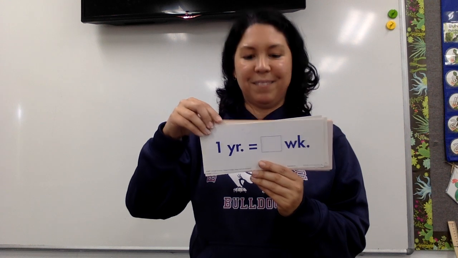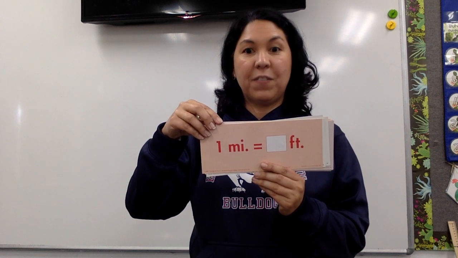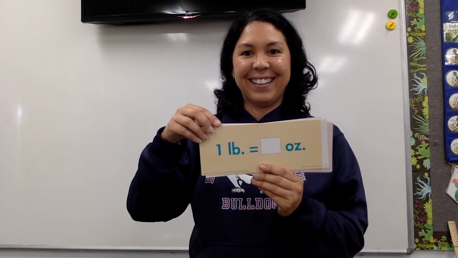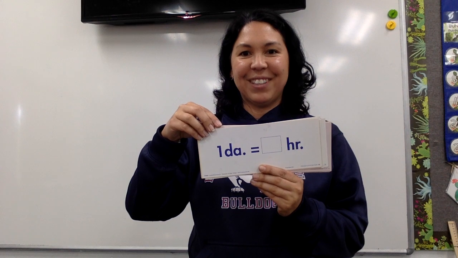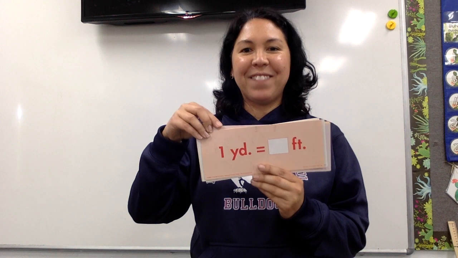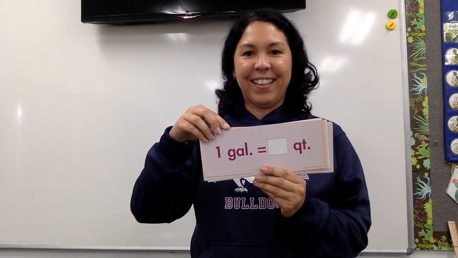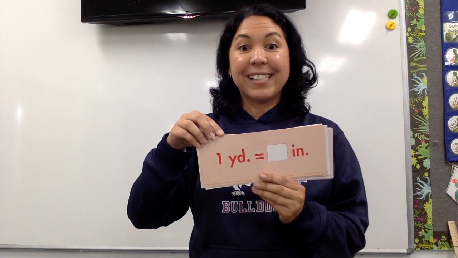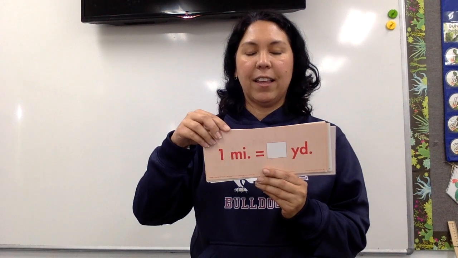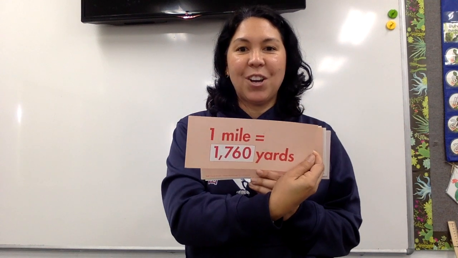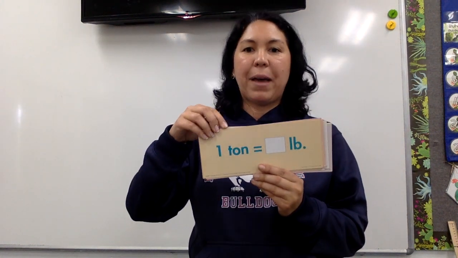About 52. 5,280. 16. 24. 24 hours in a day. 3. 3 feet in a yard. 4. 4 quarts in a gallon. 36 inches in a yard. 1,760 yards in a mile. 2,000 pounds in a ton.